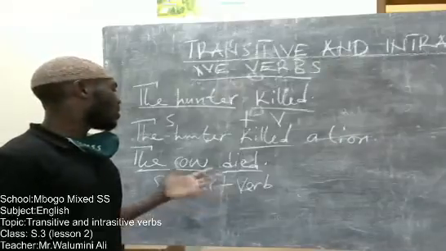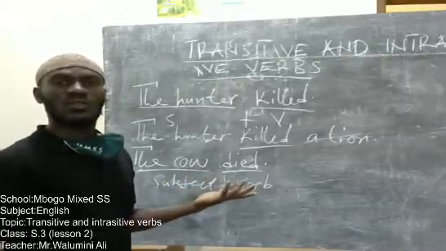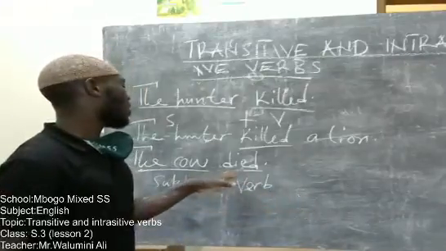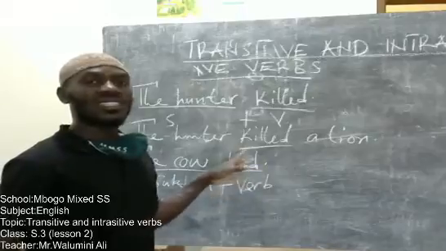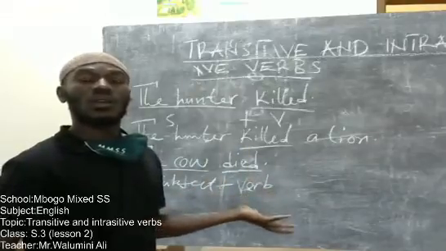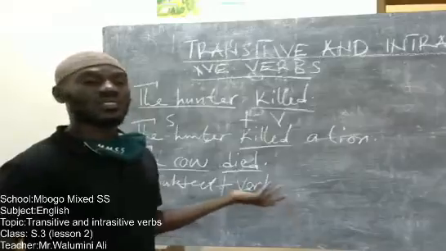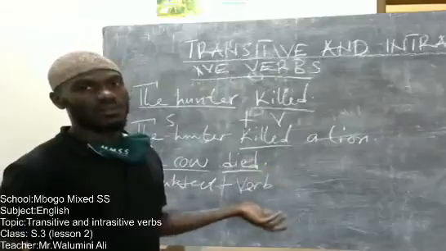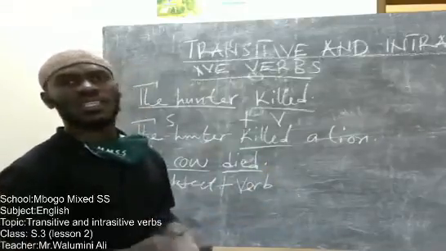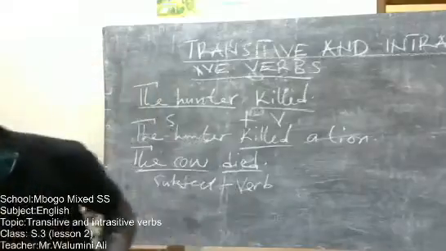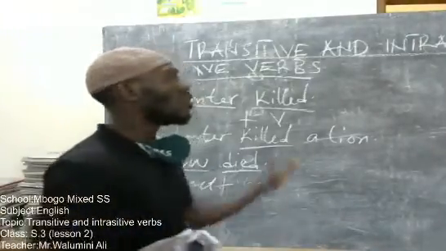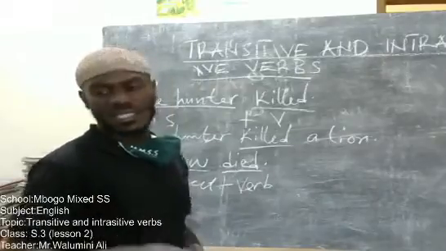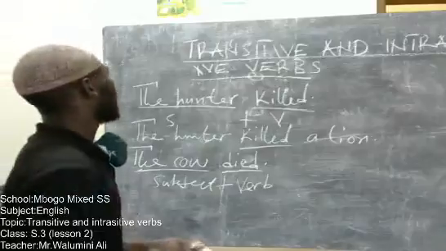But you cannot ask yourself, what did the cow die? That would be a very wrong question. So that means this simple sentence is complete without even an object. So this is also an example of an intransitive verb. We shall have more of these examples, and I'll give you some exercise about this topic.